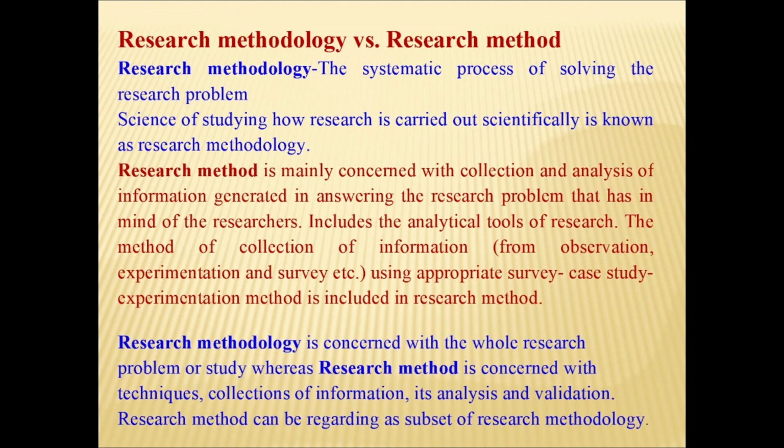The research method is the analytical part, the data part, the statistical tools we are going to use, and based on the statistics, what we infer about the populations. So by and large, we can divide the whole process of research under research methodology, and within it there are research methods.